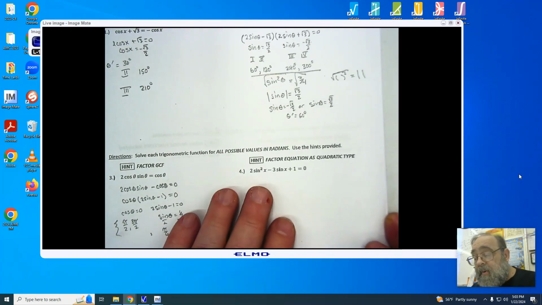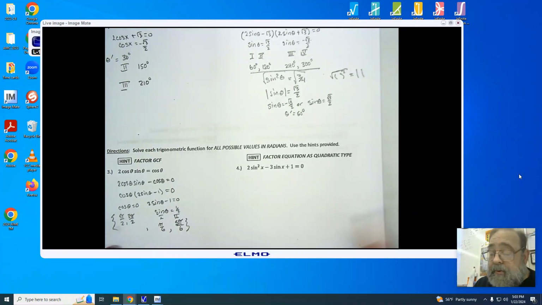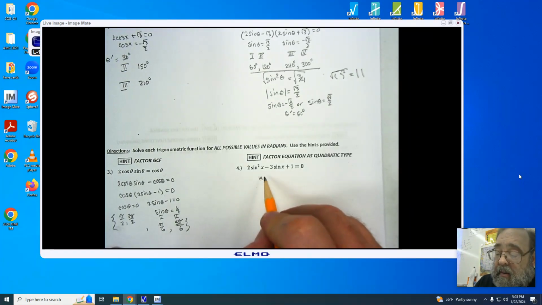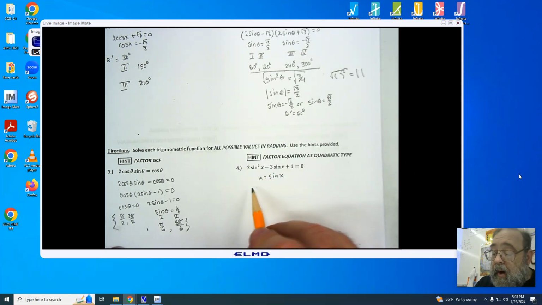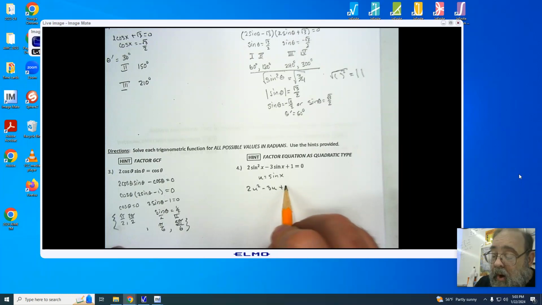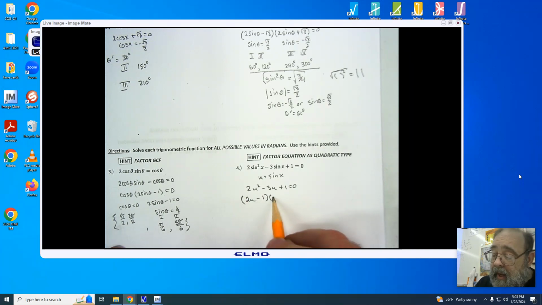This brings us to number 4 here, and notice this is a quadratic. If it's a quadratic, I'm going to use my dummy variable u, and therefore u will equal the sine of x. Substituting u with the sine of x gives me 2u squared minus 3u plus 1, and I can factor this easily into 2u minus 1 and u minus 1 equaling 0.